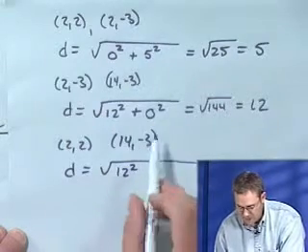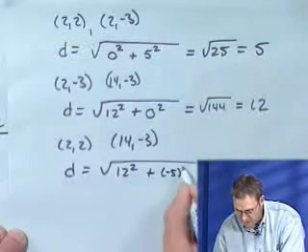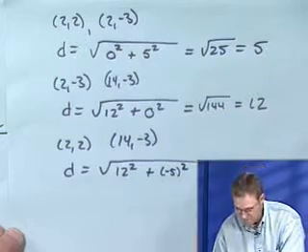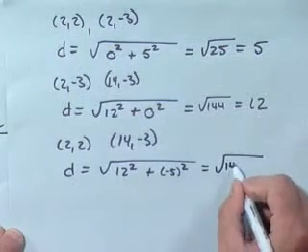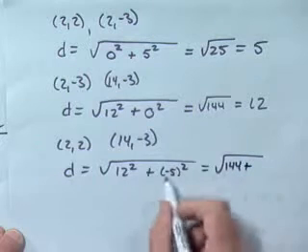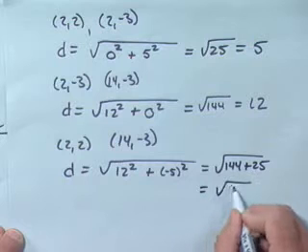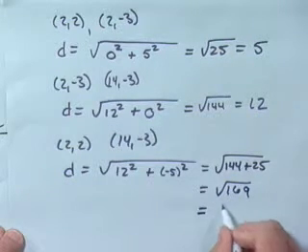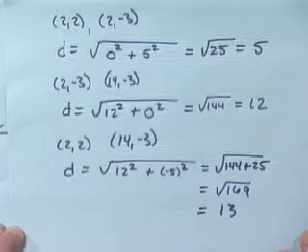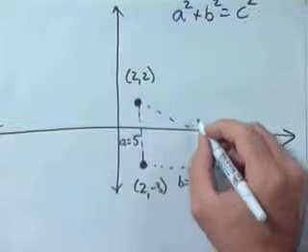The difference in the y values is -3 minus 2, which is -5, squared. 12 squared is 144. -5 squared is 25. That's the square root of 169, and the square root of 169 is 13. So we found the last side.